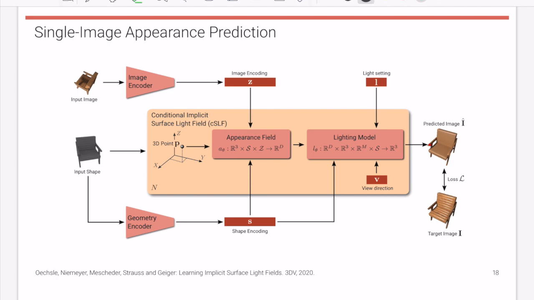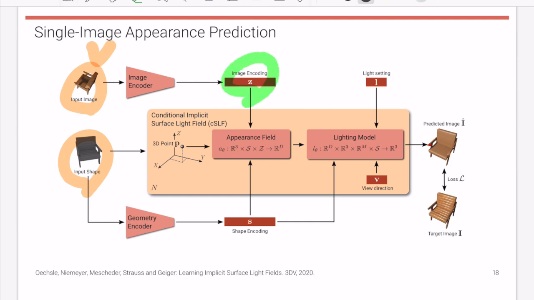For example, let's suppose that you have an input shape, an input 3D structure. Then let's suppose that you have input images taken from different viewpoints. By considering such observations, in this case a single image, we just extract the feature vector.